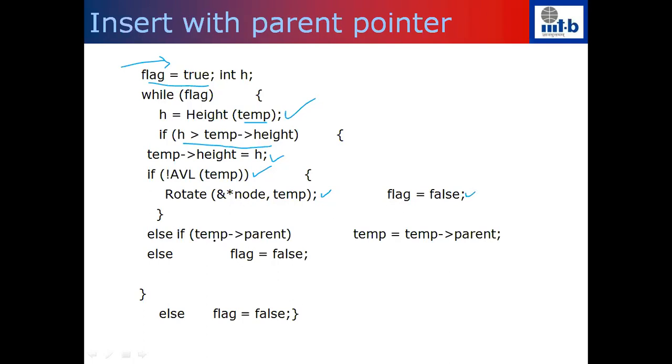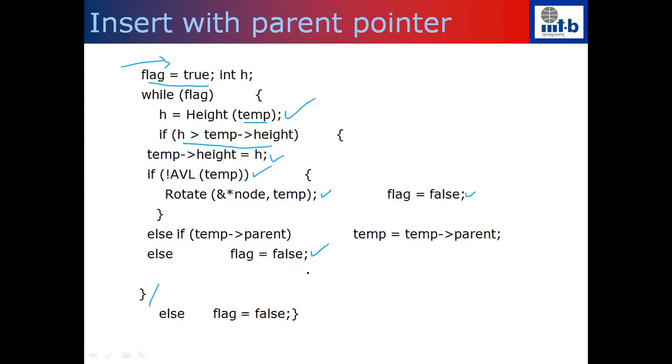Else, if the AVL property is not violated, then we want to go to the parent. If the parent is not empty, we will go to the parent. But if the parent pointer is null, then we want to terminate. So this is what happens if the height of the node is changing.